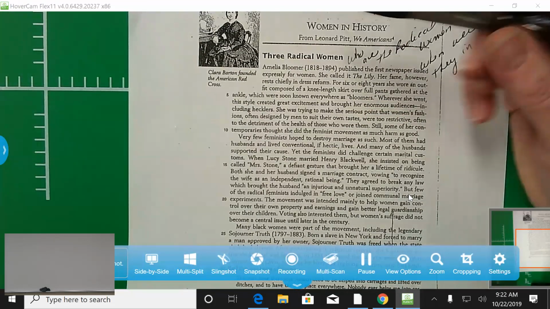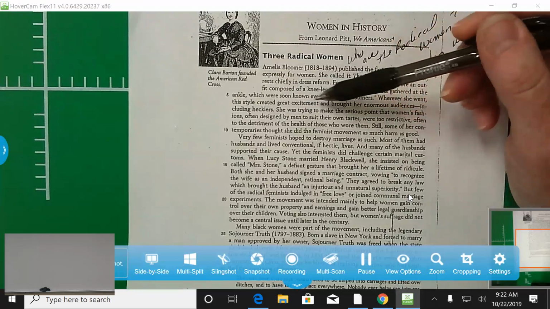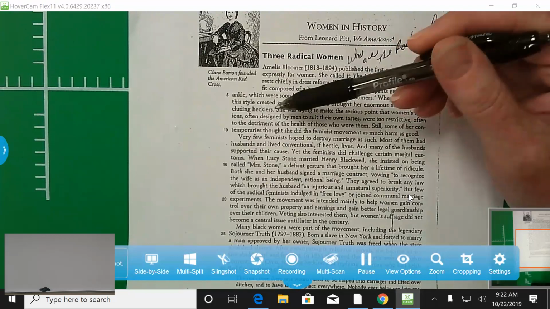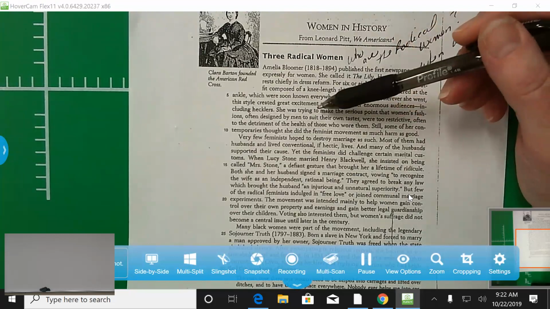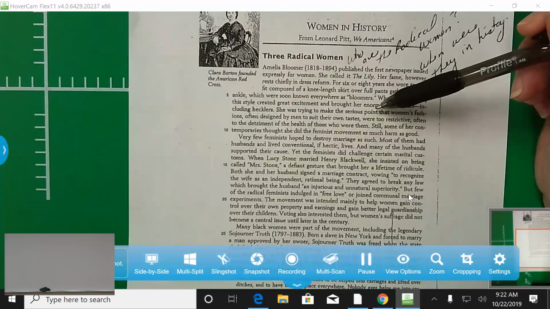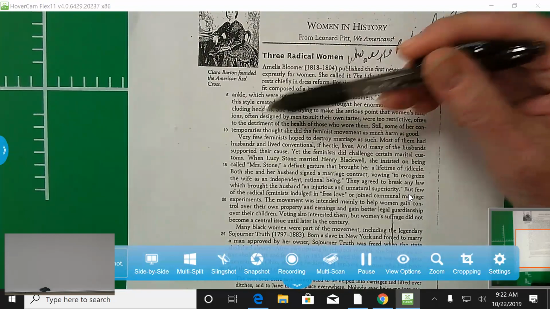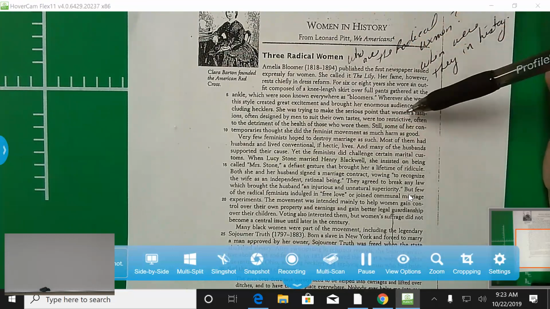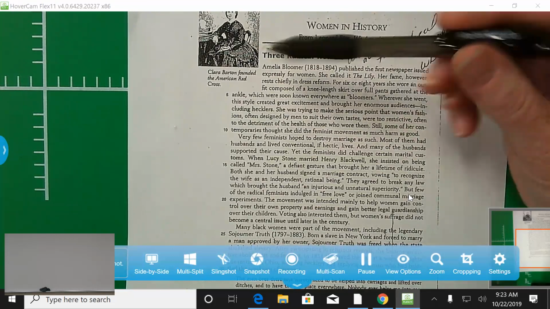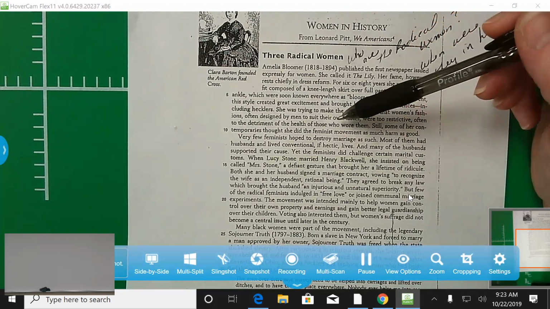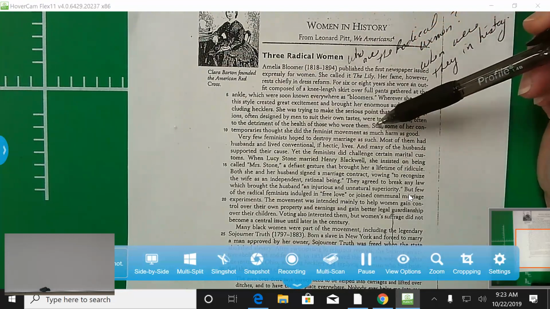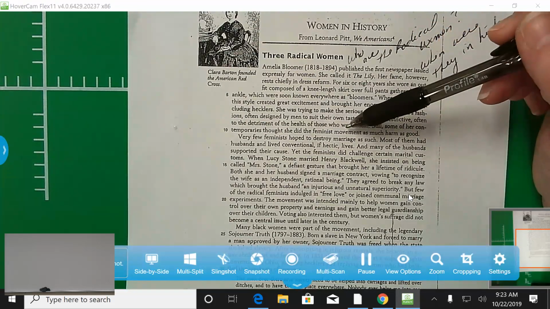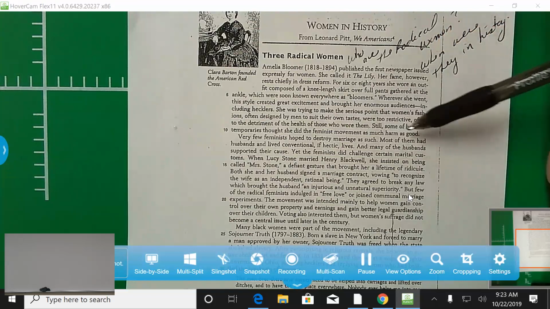Wherever she went, this style created great excitement and brought her enormous audiences, including hecklers. She was trying to make the serious point that women's fashions, often designed by men to suit their own tastes, were too restrictive, often to the detriment of the health of those who wore them. Still, some of her contemporaries thought she did the feminist movement as much harm as good.